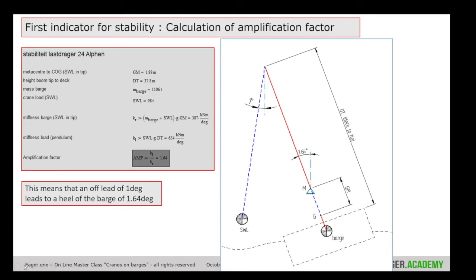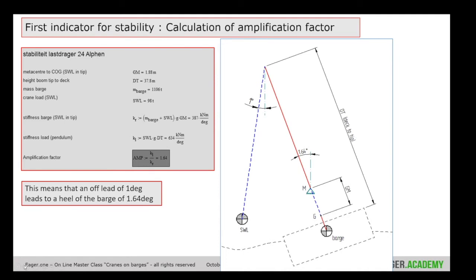So not only the masses in the tip of the crane, when you have an off-lead, you also have a moment. And that moment is made by also a pendulum, and that pendulum also has a stiffness. So the moment acting on the tip of your crane is a result of the length of this pendulum, the angle of this pendulum, and the mass which is hanging there, the SWL.